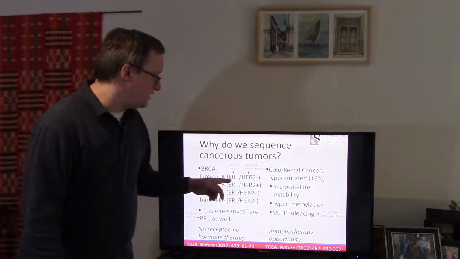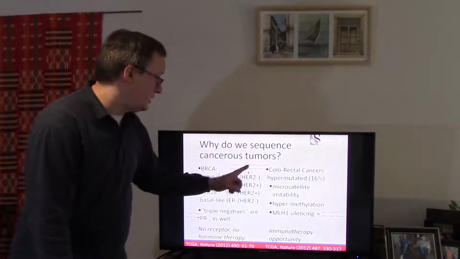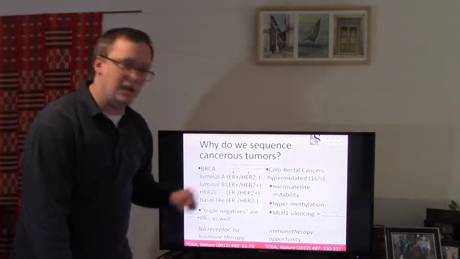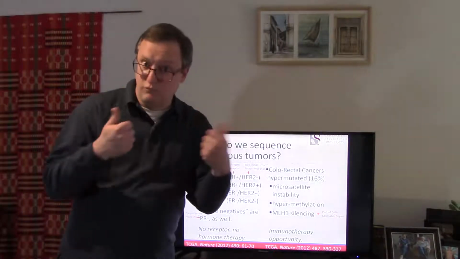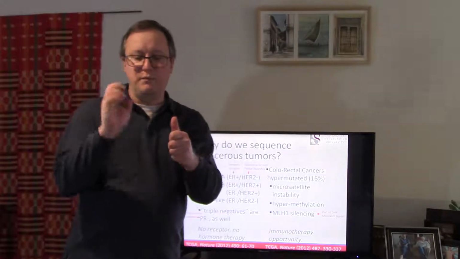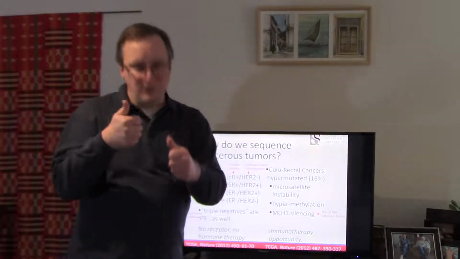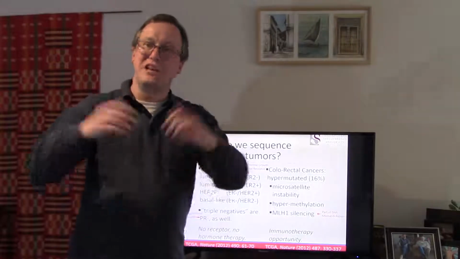So if you just consider the HER and the ER, you can see that both could be positive, wild type essentially. One could be positive and the other negative. One could be positive with the other negative, or they could both be negative.